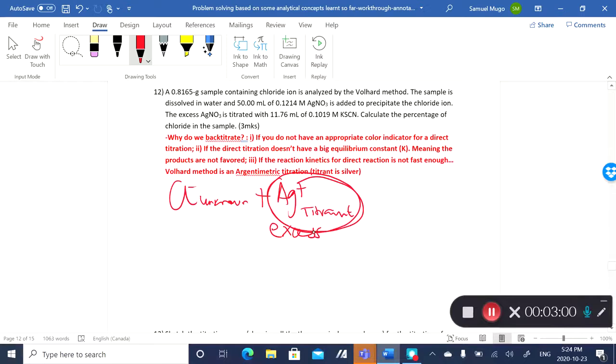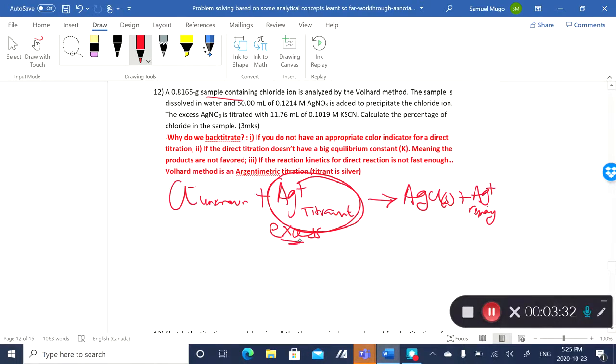So you take, say, a chloride sample, maybe it's a water sample in this case, and you add the titrant in excess, and the reaction proceeds. You give it enough time to proceed to completion, to give us the salt and the excess silver that is remaining, because we added in excess.